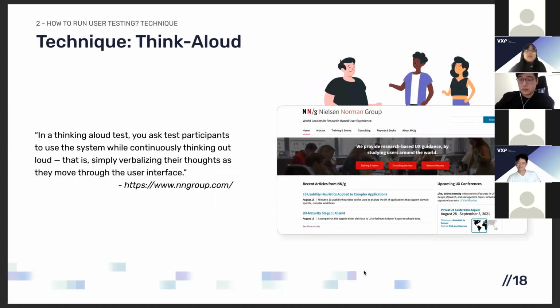So one of the techniques that is often used in any of these user testing methods is called think-aloud. And what is think-aloud is that you ask test participants to use the system while continuously thinking out loud, which is simply verbalizing their thoughts as they move through the user interface.